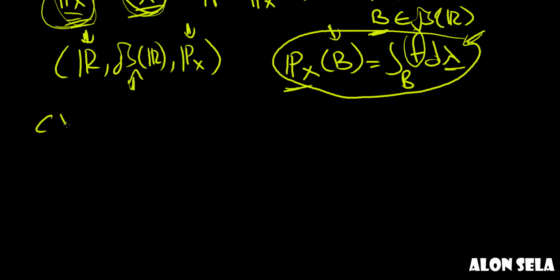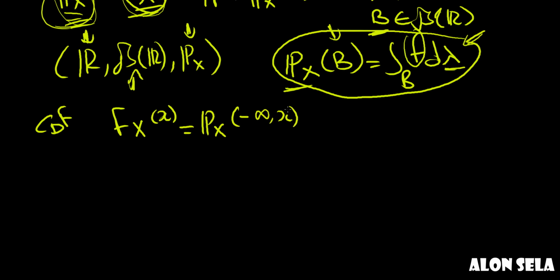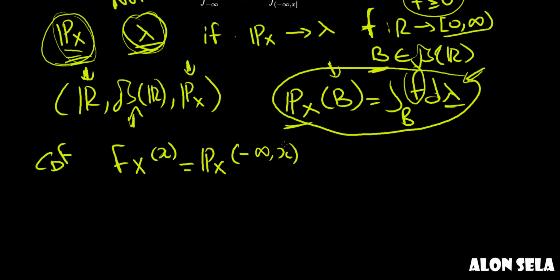So we know that the CDF F_X of x is the probability that the random variable X will take a value in this interval minus infinity to x. This of course should be a closed interval here, and let's now make the connection with the Radon-Nikodym.